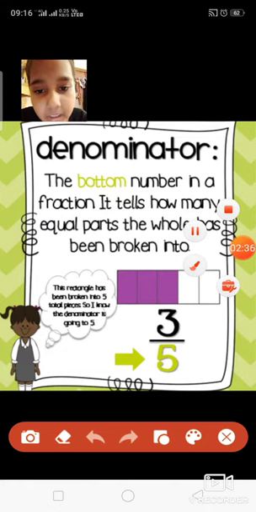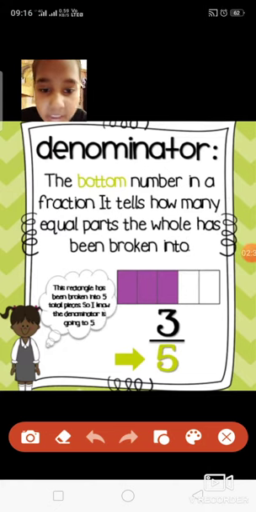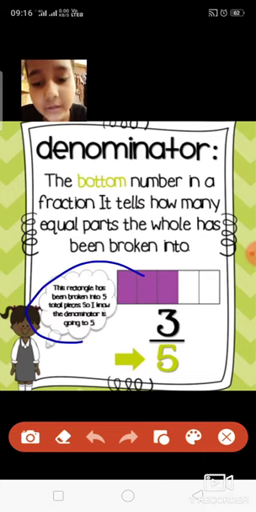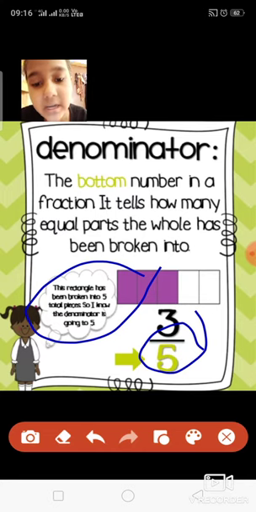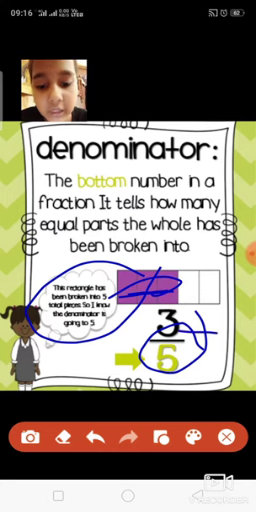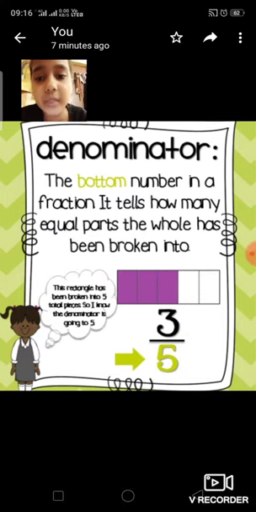The bottom number in a fraction tells how many equal parts the whole has been broken into. The rectangle has been broken into 5 total pieces, so I know the denominator is going to be 5. Yes, the girl's thinking is right. So 5 will be the denominator, and in this 3 is shaded, so 3 will be the numerator.